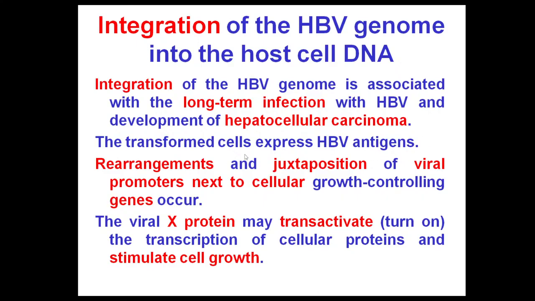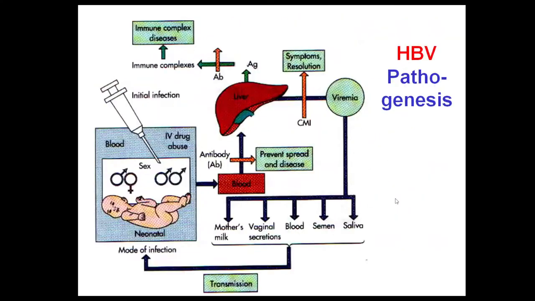Rearrangement and juxtaposition of the viral promoters next to cellular growth controlling genes occur, and the viral X protein may act as a transactivator of transcription. It turns on the transcription of not only viral proteins but also cellular proteins and stimulates the cell growth, so that may lead to the oncogenic transformation of those cells.